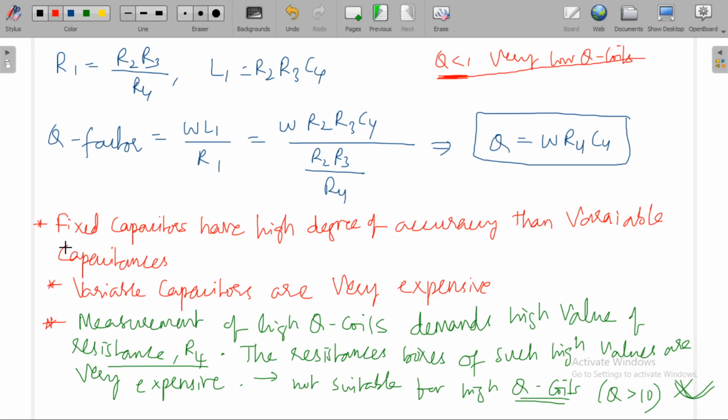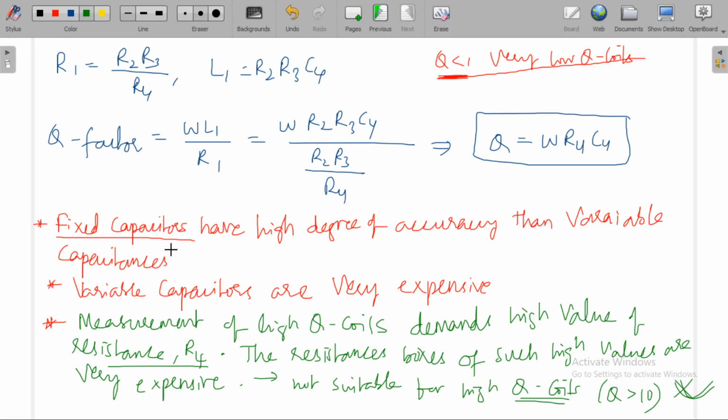Here, see, fixed capacitors have a higher degree of accuracy than variable capacitors, and one more thing is variable capacitors are very expensive. So it is advisable to use fixed capacitors rather than variable capacitors.